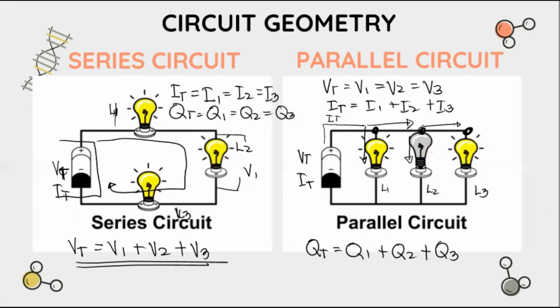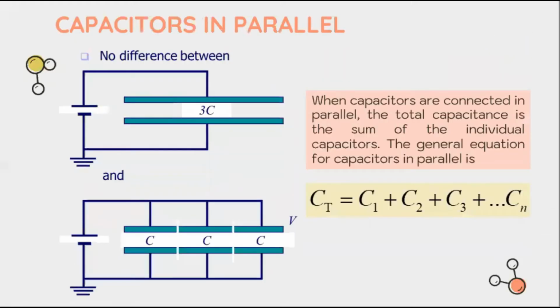Okay, so capacitors is a component. So, it can be connected in either series or parallel. Okay? So, capacitors in parallel. So, kunwari meron tayong, just like this one, load with 3 times capacitance. Wala po siyang pinagkaiba kung ganito po yung magiging connection niya.